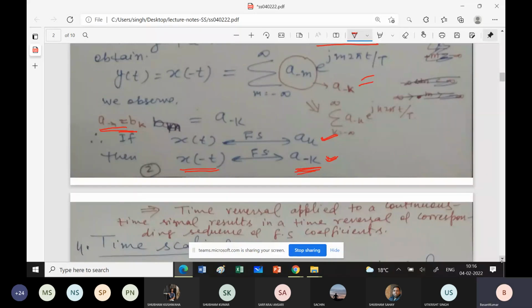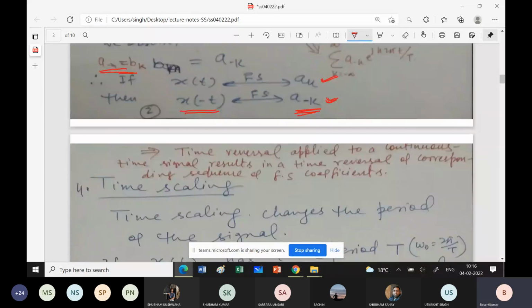What it means is the time reversal applied to a continuous time signal results in a time reversal of the corresponding sequence of Fourier series coefficients.